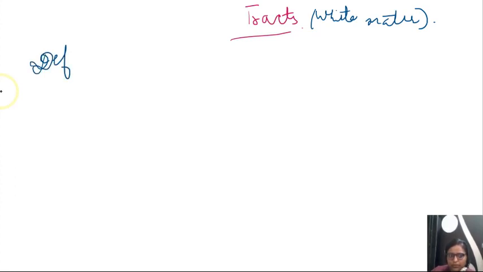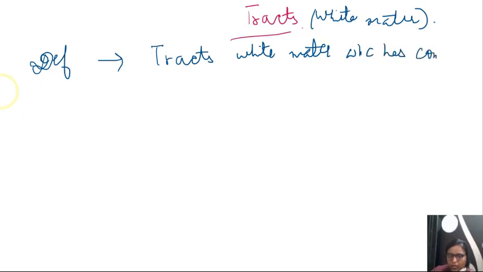Any guesses? Okay, see, tracts are nothing but white matter which has the common origin and insertion. Okay, common origin and insertion.